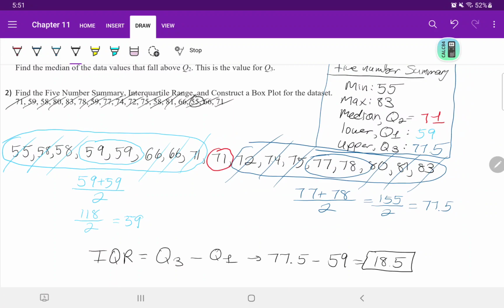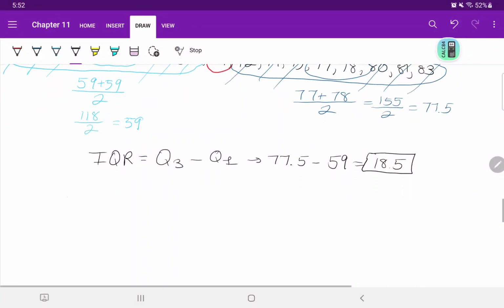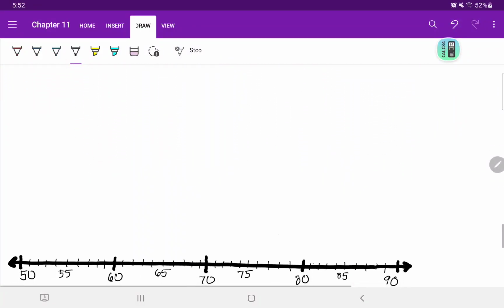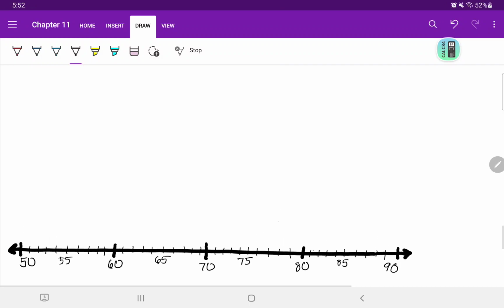Last but not least, we're going to create our box plot based on the 5-number summary. So let's go down. And let's remember some things that we have. Now remember, the minimum value is 55, right?